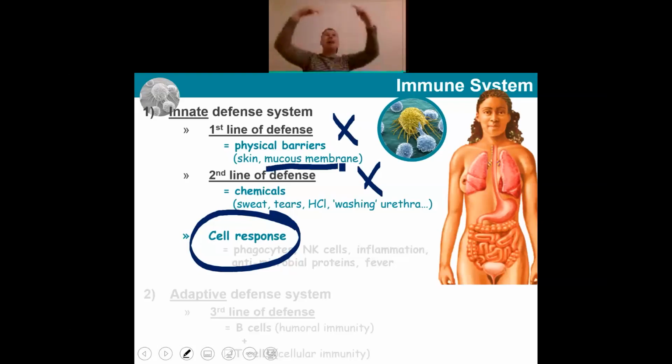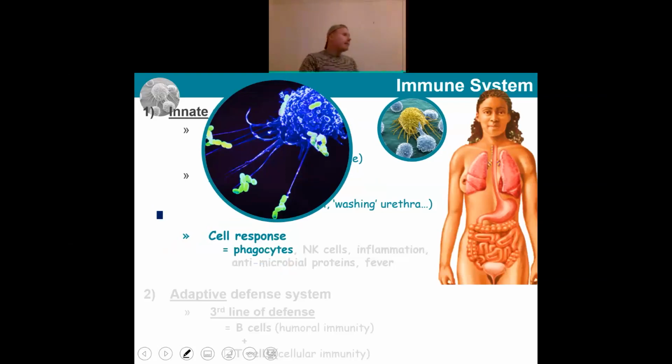The mucous membrane is the same as the skin when it's inside our body, so inside our oral cavity, nasal cavity, and so on. It's not skin, but it's the same kind of layer that protects us. But if both of these fail, the physical barriers and chemical barriers, we are left having to rely on our cells to deal with these.